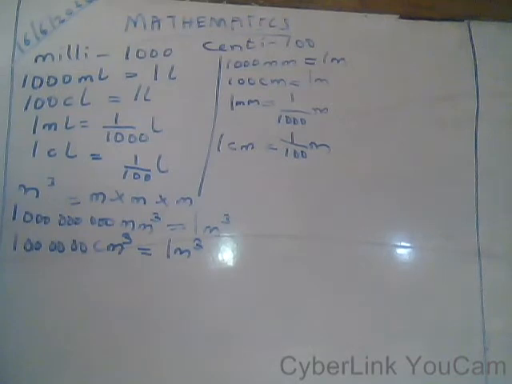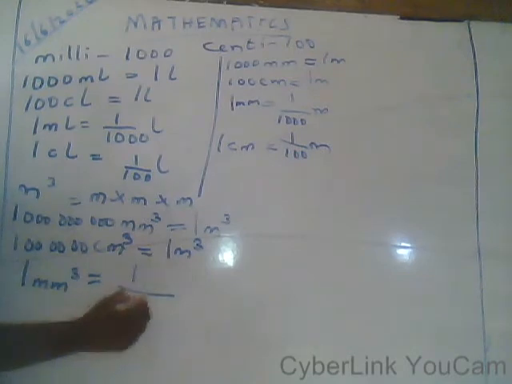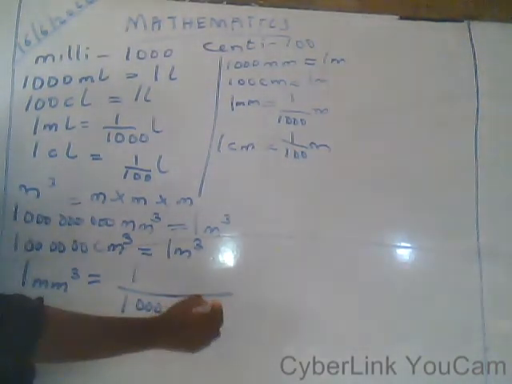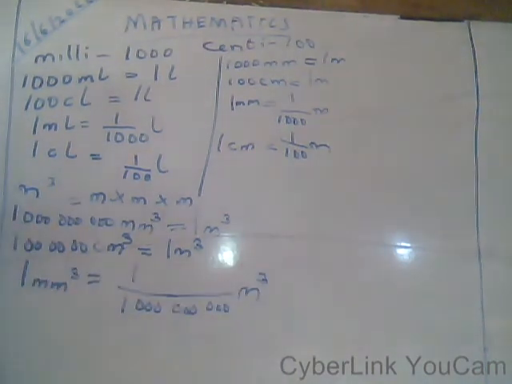Now, what if I have 1 millimeter cube? It will give me 1/1000,000,000 meter cube. Are you getting me? And what if I have 1 centimeter cube?